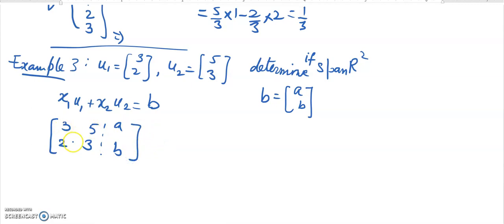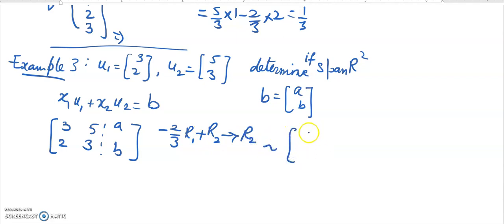Okay, to apply the Gauss elimination method, what I can do is make this 2 as 0. So by multiplying the first equation by minus 2 by 3, and then adding it to the second row, that will be the new second row.